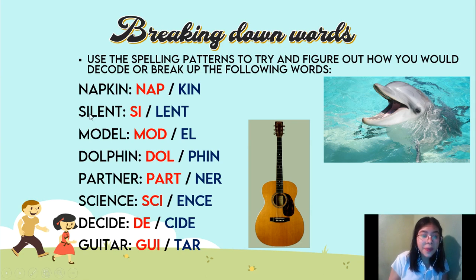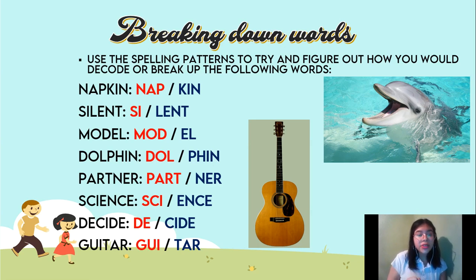Then we have silent. Silent has two syllables, two sounds, as I said before. Then we have motto. Motto has two vowel sounds, sorry.